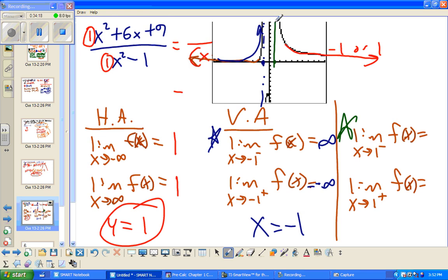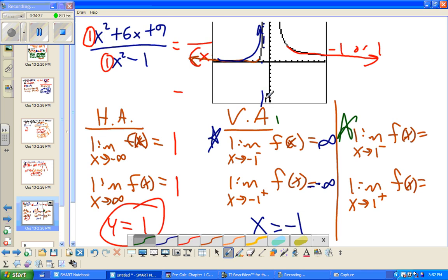And then finally, checking the other one, I'm checking the same thing here. I'm looking at this x equals 1 vertical line. That got a little crazy, sorry about that. As I'm looking at that, right here, I'm talking about approaching 1 from the left. So that's looking at the portion of the graph down here.